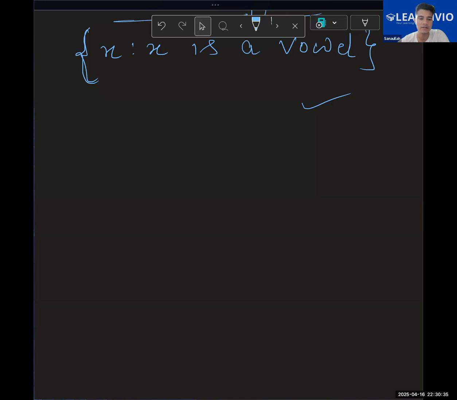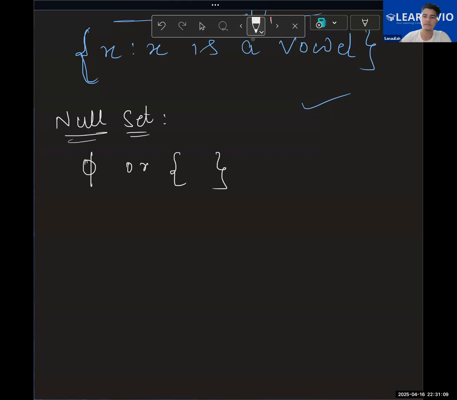A set which does not contain any element is called an empty set, null set or void set. We represent this set by the symbol phi, and we can also represent it by curly brackets with no element inside. So this is the representation of the null set, or empty set.